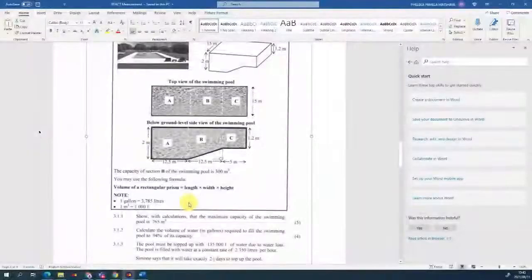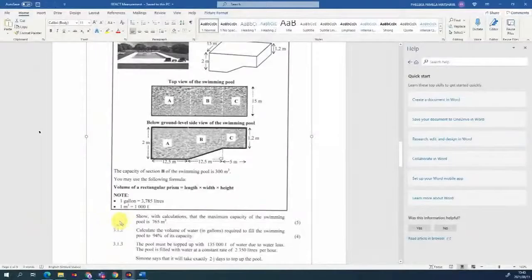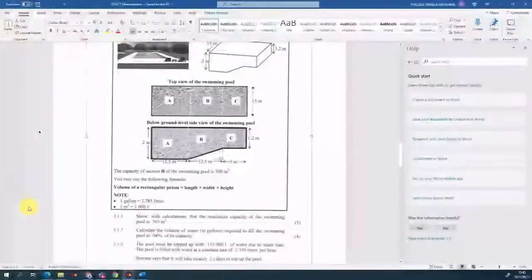But should you understand 1.3.3 better, then you go to that first. But 3.1 in this case is easy. If we look at what we have here, okay, this is A.